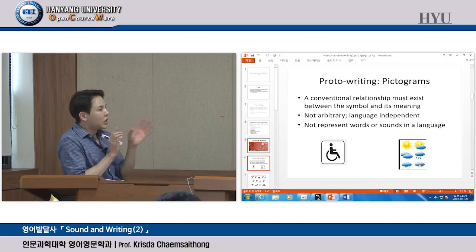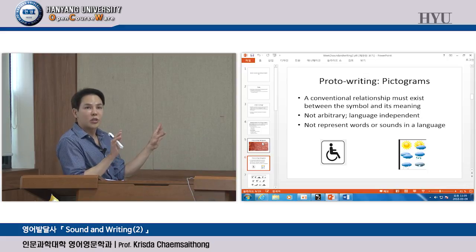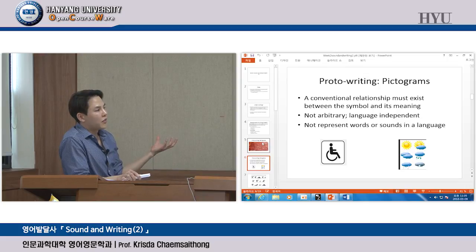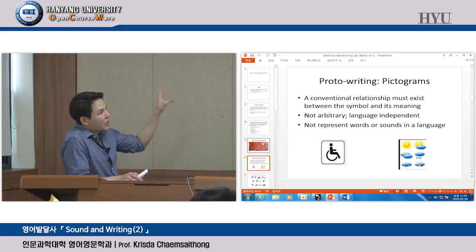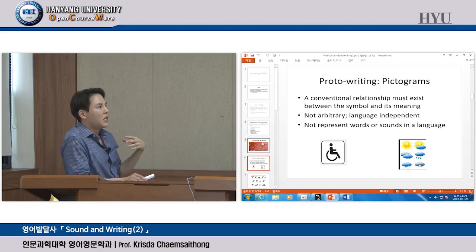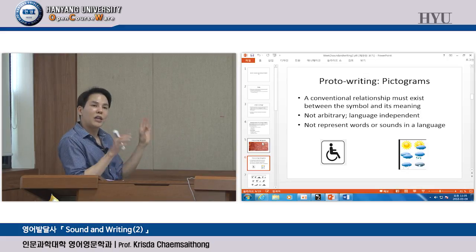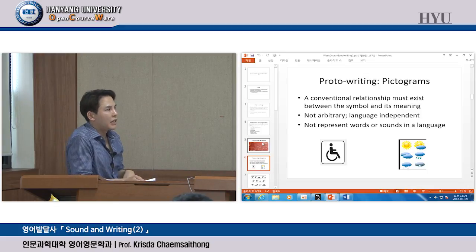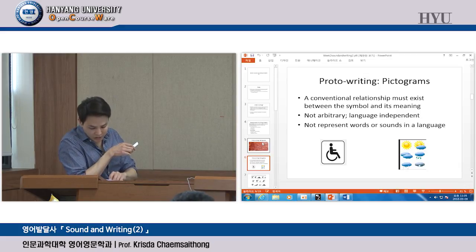The picture should match the real object, right? Here, the picture of a sun with rays means sunny, and when you see clouds, it means cloudy. So the picture resembles the object it is meant to represent. It's not arbitrary, meaning there is a correspondence between the picture and what it tries to represent, right? And it doesn't represent any sounds or any words in the language, right?